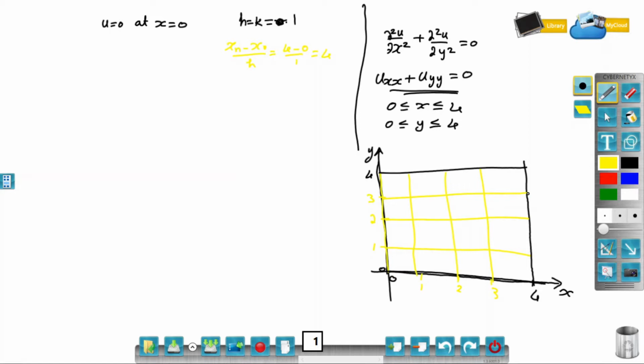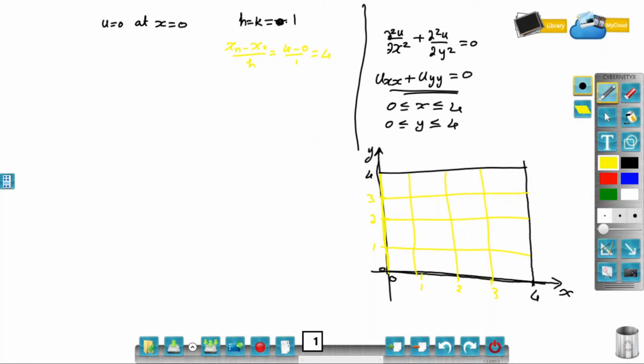Okay, now please note the u value is given. u = 0 at x = 0. Am I correct? You can see that this line is x = 0.